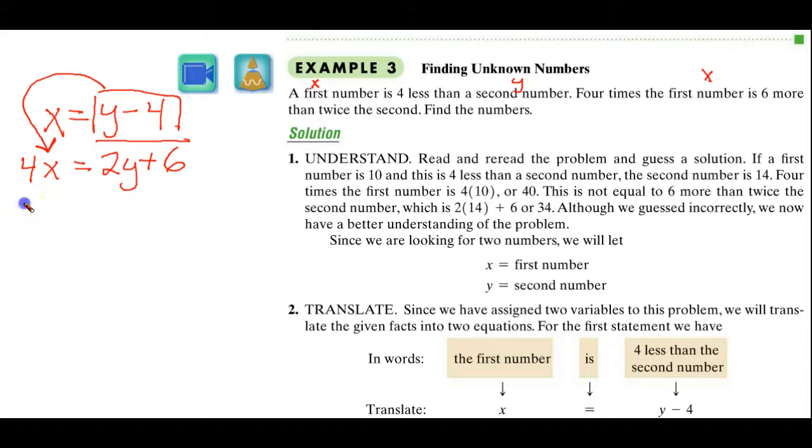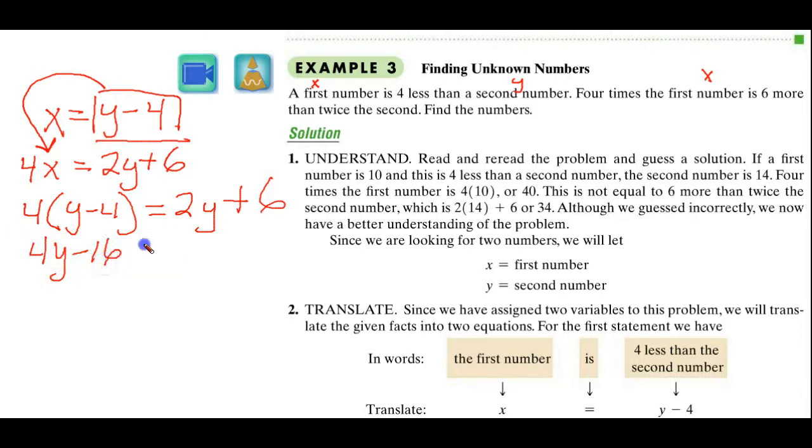So we're going to go 4 times what x is, which is y minus 4, equals 2y plus 6. So this is going to be 4y minus 16 equals 2y plus 6.